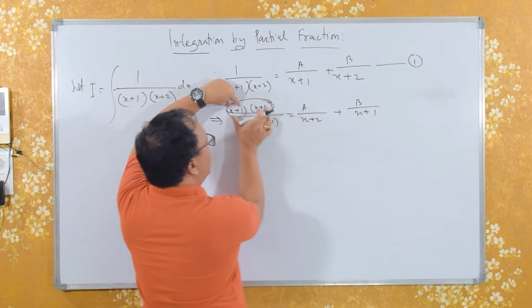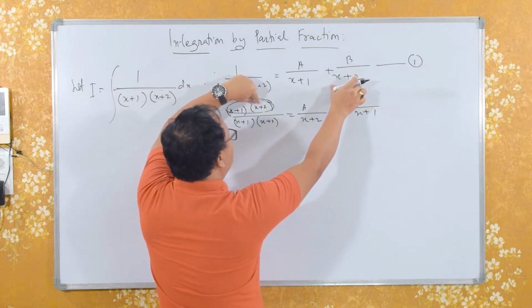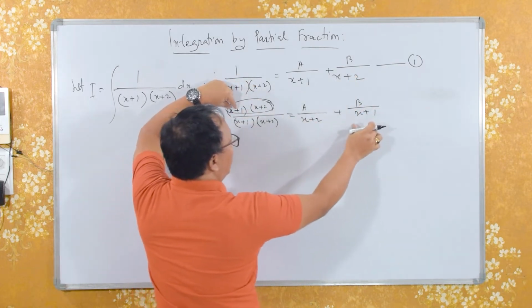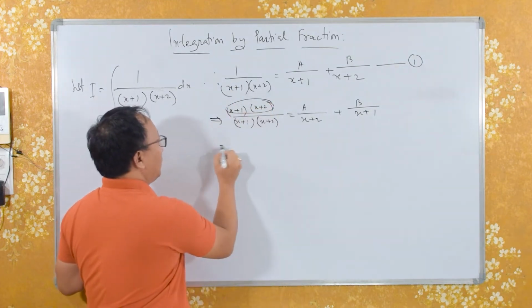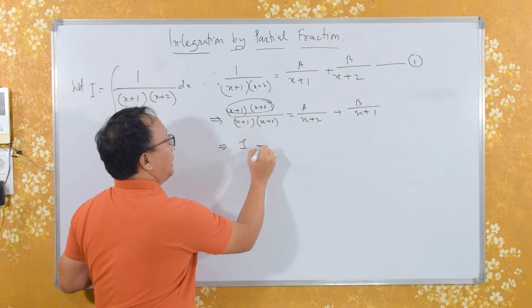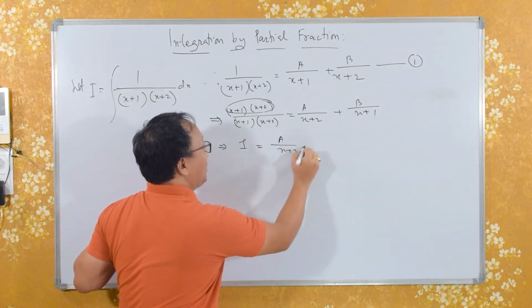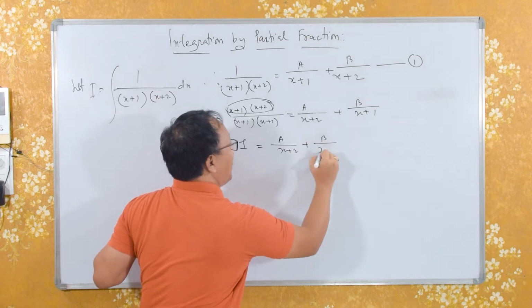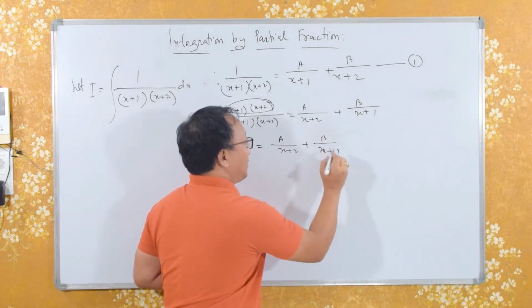Similarly, in this term x plus 2 and x plus 2 will get cancelled, so x plus 1 will be there. So we have 1 is equal to A into (x plus 2) plus B into (x plus 1).